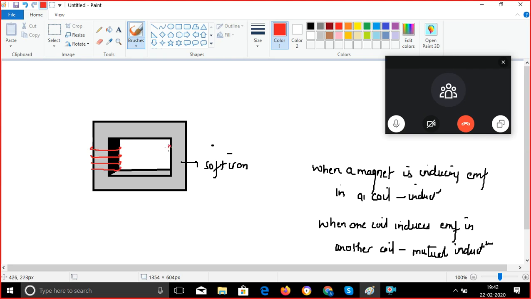And the same is done here. So around this iron block or core, a copper wire is wound.